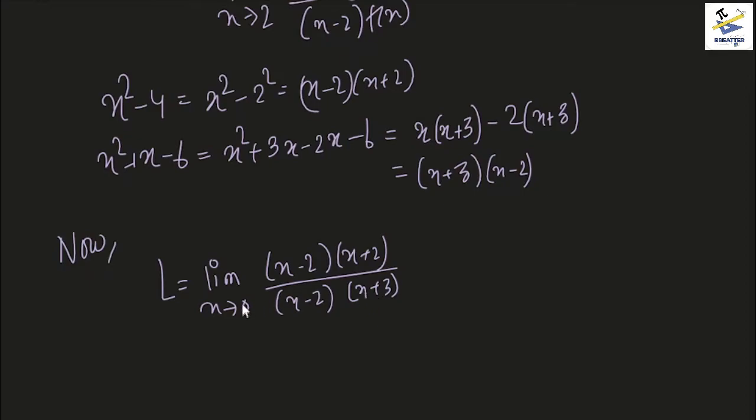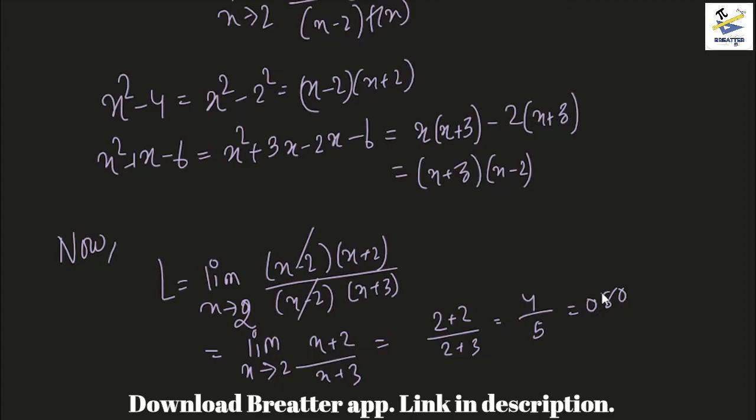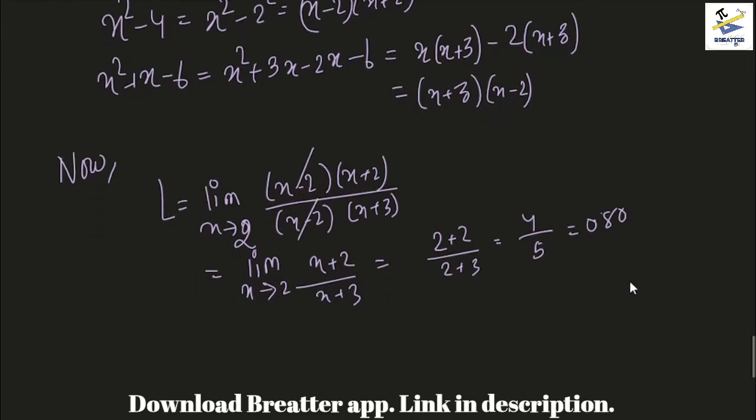After cancelling the common factors, we get limit x tends to 2 of x plus 2 by x plus 3. This would give me 2 plus 2 by 2 plus 3, and this should be 4 by 5 or 0.80. This is the answer to the question. Okay, let us do the next one.